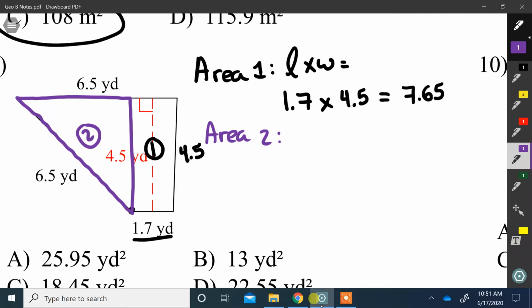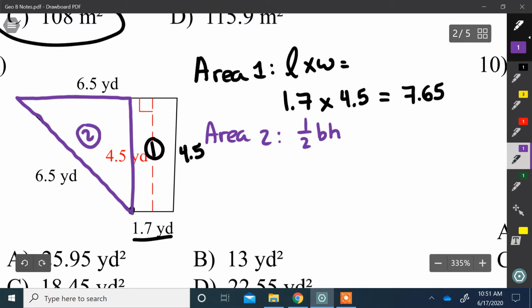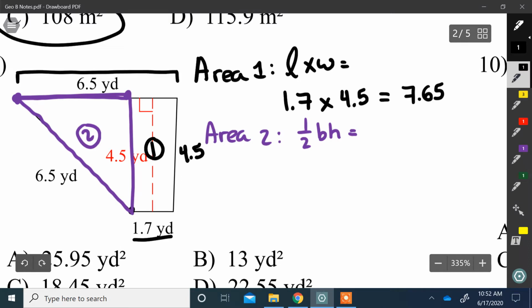Now, as you can see, that's obviously a triangle. So the area of a triangle is half times the base times the height. The base in this case is where you have to be careful. From here to here, it's not 6.5. 6.5 is from here to there.